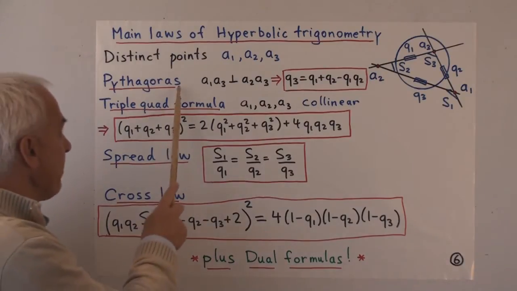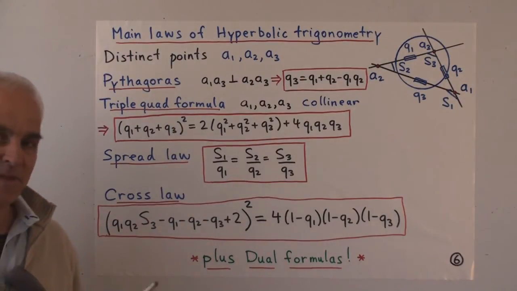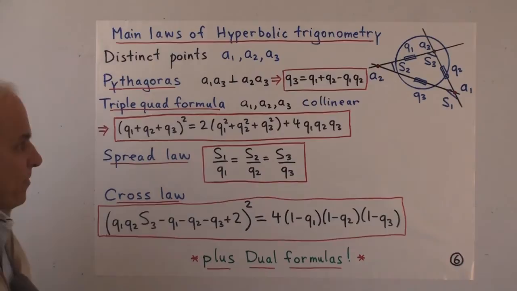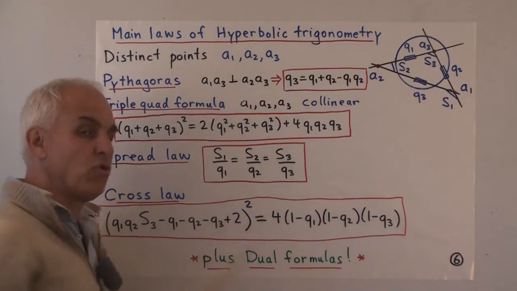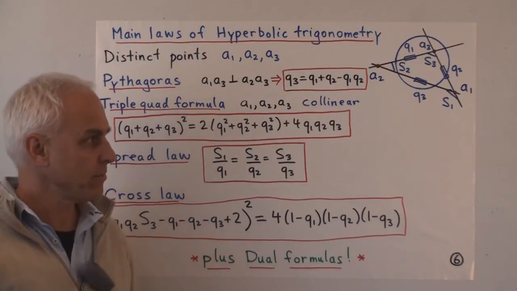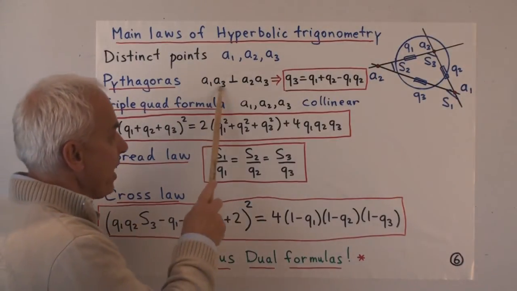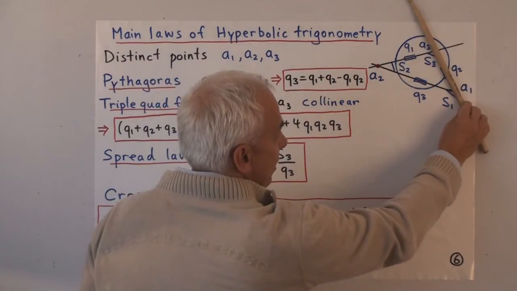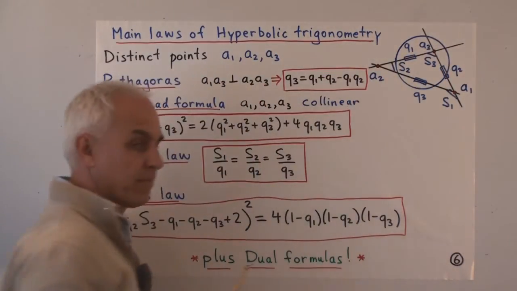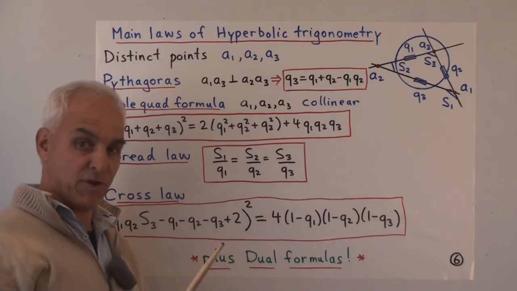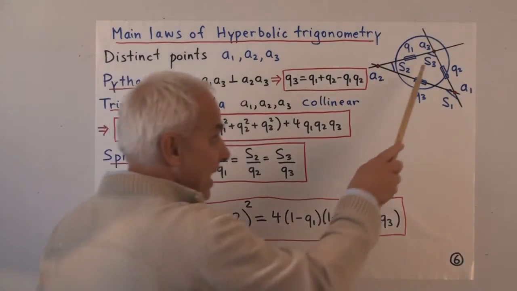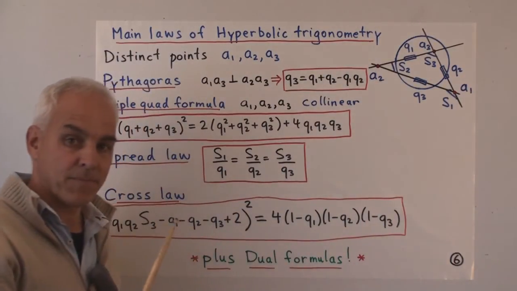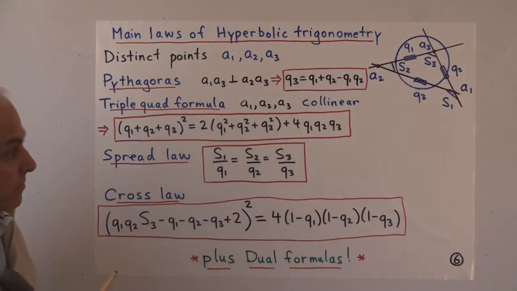And the first, most fundamental theorem, as always, is Pythagoras' theorem. And that concerns what happens when 2 of the lines are perpendicular. So suppose that A1 A3 is perpendicular to A2 A3. So that line and that line are perpendicular. I remind you from the previous slide what that means is that S3, this number, is equal to 1.